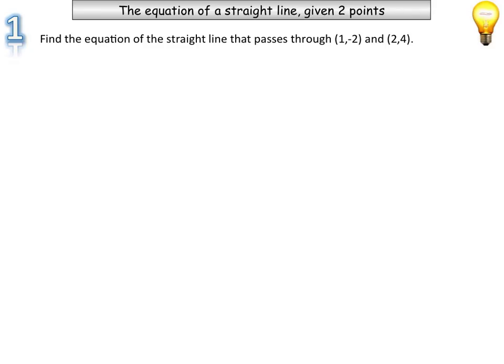Okay, so our first equation that we'll try and find is a line going through these 2 points, (1, -2) and (2, 4). So let's work out the gradient of this line first by our gradient formula. We'll just call the first point x1, y1 and the second point x2, y2.